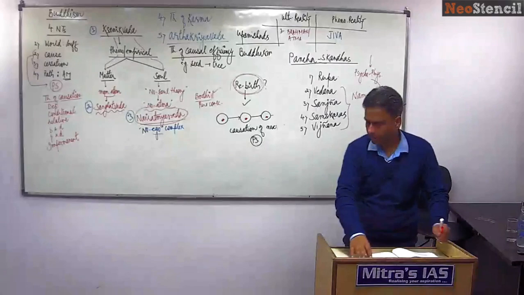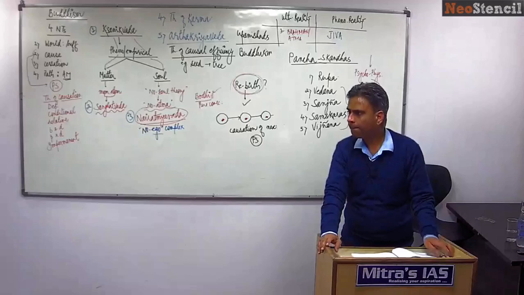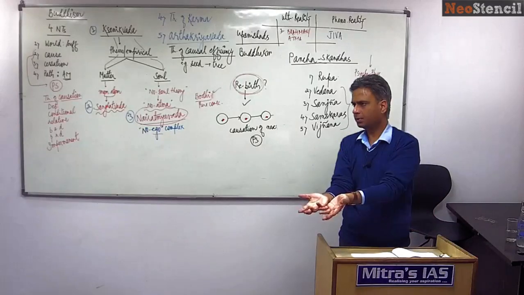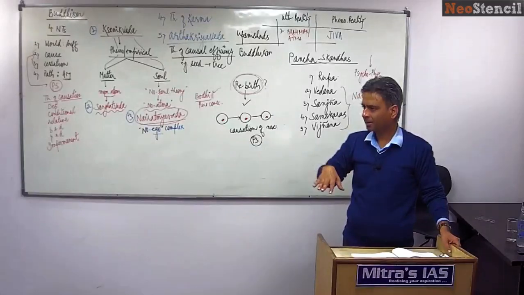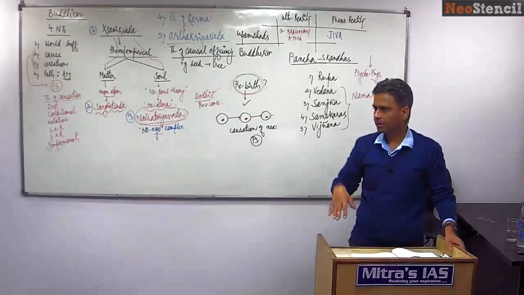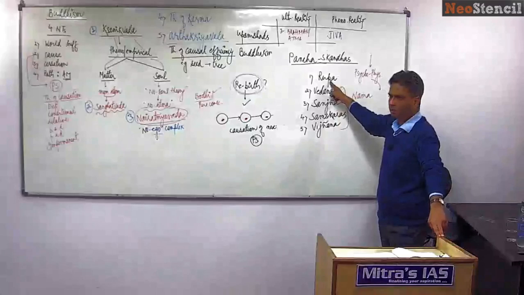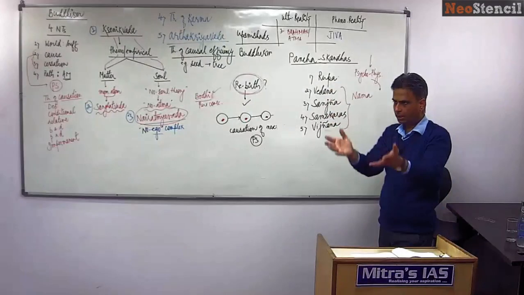The so-called soul is nothing but the aggregate of this. There is no permanent existence, isn't it? So a living being has soul, and what is matter? Roop is matter. Your matter, external as well as internal. That is roop.